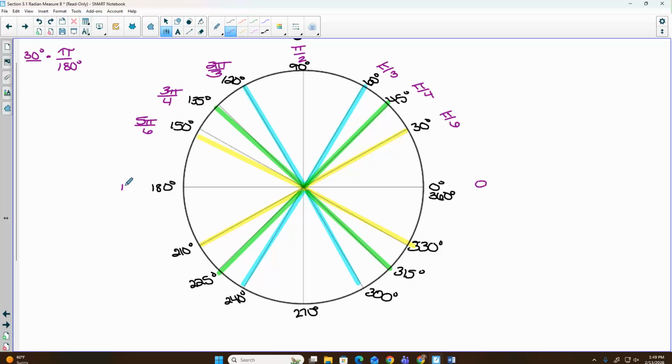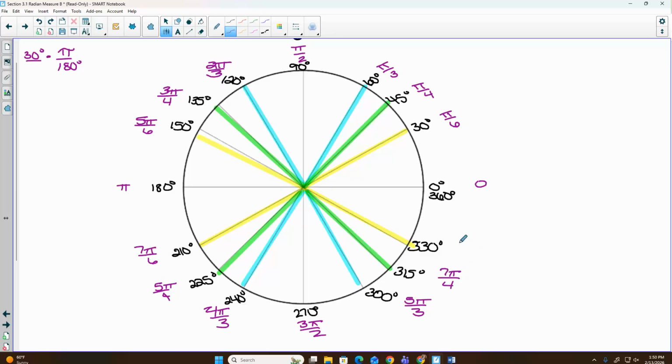180. Pi. 210. 7 pi over 6. 225. 5 pi over 4. 240. 4 pi over 3. 270. 3 pi over 2. 300. 5 pi over 3. 315. 7 pi over 4.